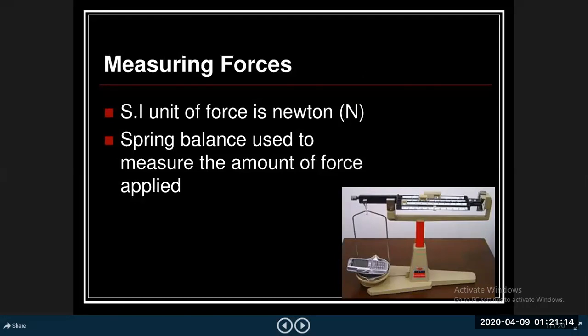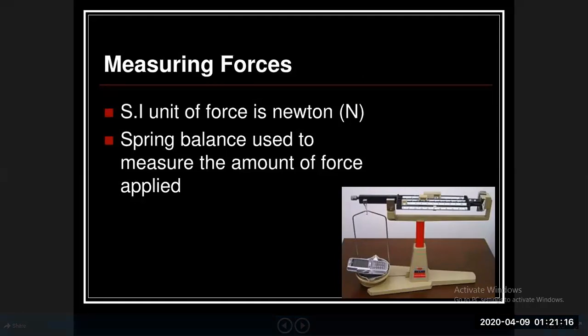So far we have learned about force and various effects of force by looking at pictures or PPTs. Now, since force is a physical quantity, it must be measured. So right now we will try to know about the measuring of force.